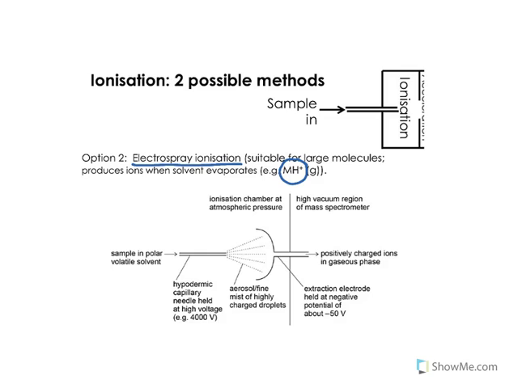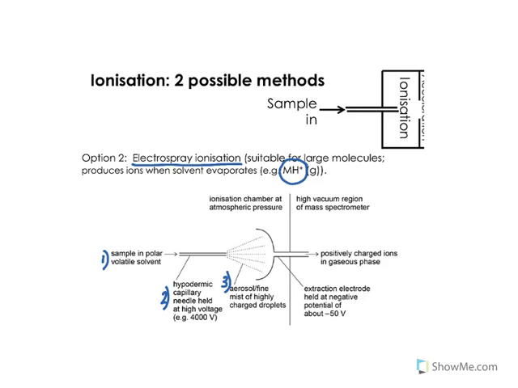So how this works then, the sample first of all is dissolved in a polar but volatile solvent. That means the solvent itself would evaporate quite readily. It's fed into a hypodermic capillary needle held at a high voltage here, and as it comes out of that needle it produces an aerosol or a fine mist of highly charged droplets.